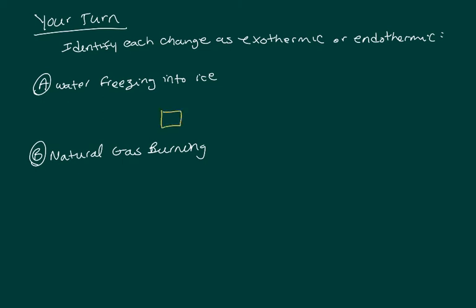So if we have water, it's going to emit some of its energy to go into the ice stage. So here this is hotter and this is colder. That's indicating that heat is being given off. So it's an exothermic process.